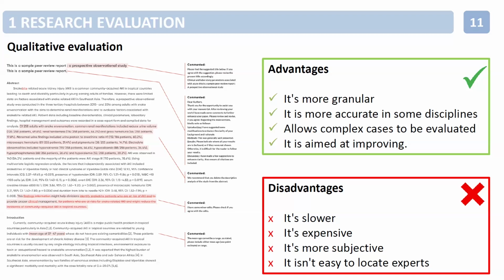Obviously, we have several disadvantages. It's slower, it's expensive. Obviously, there is inherent subjectivity by the evaluators, the reviewers, and in our case, the most problematic thing is to find real experts. Because what we are finding is that everyone is reviewing without knowing anything about bibliometric indicators.